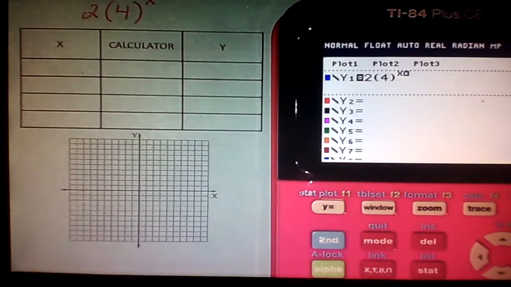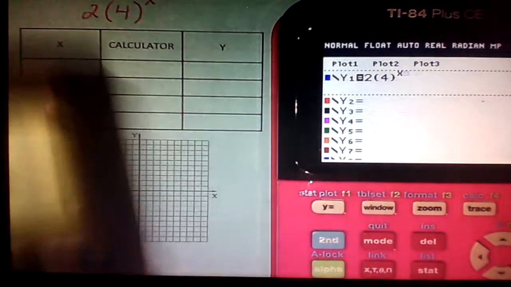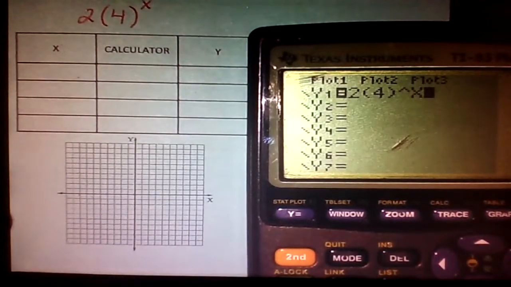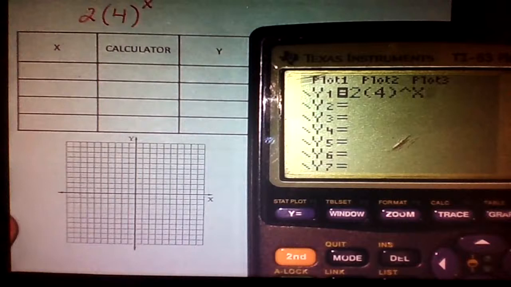Mine puts it up as an exponent when I hit the caret key. Yours should look like this.